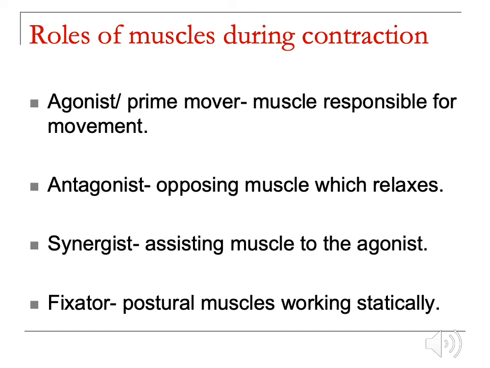So a whole variety of muscles are in play at any given movement. Even a very, very simple movement that we mentioned, like a bicep curl, which we are using to isolate biceps brachii, there are a number of other muscles occurring.